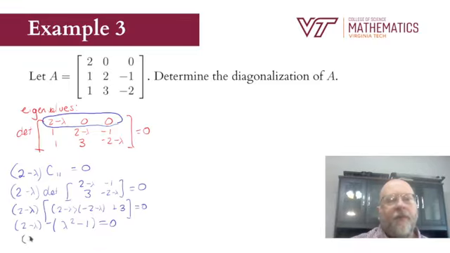And that factors into lambda plus 1 and lambda minus 1. And so we get 3 answers. Lambda equals 2, lambda equals negative 1, and lambda equals positive 1. We have 3 eigenvalues this time.